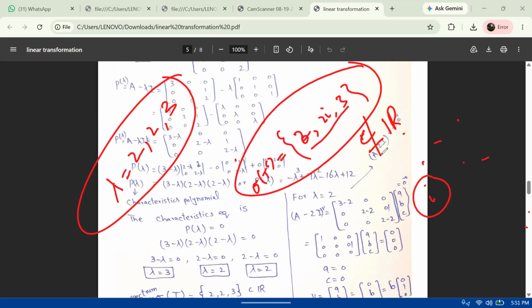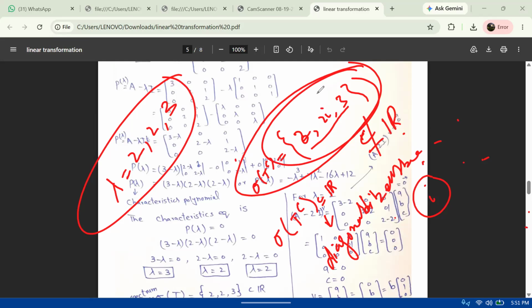When our spectrum, sigma T of C, is a subset of real numbers, we can say that it might be diagonalizable. But if our spectrum contains iota terms, which means that the spectrum is not a subset of real numbers, then we say that it's not diagonalizable.